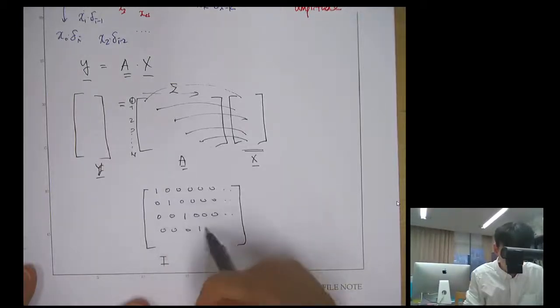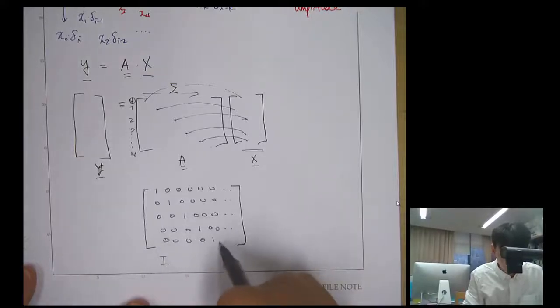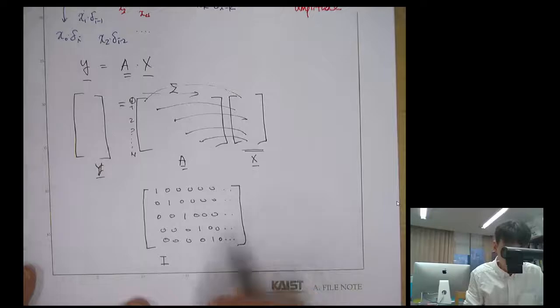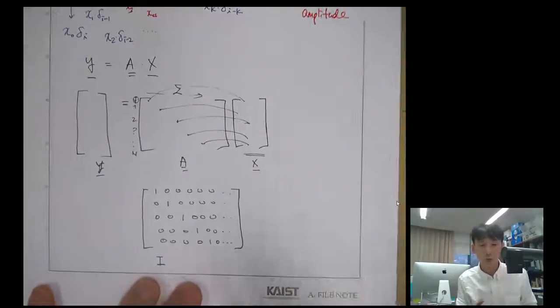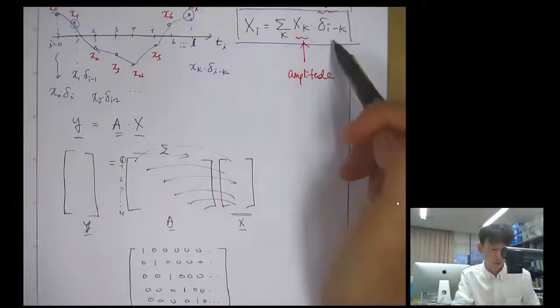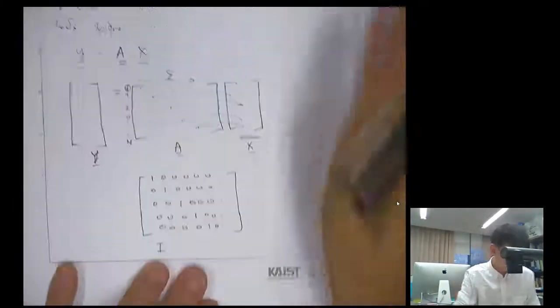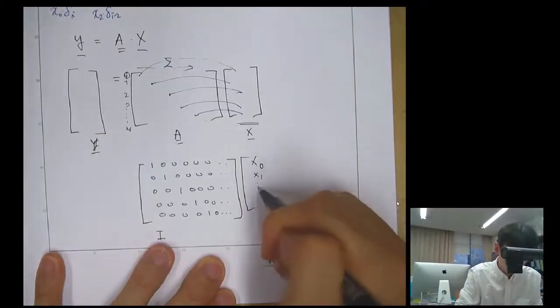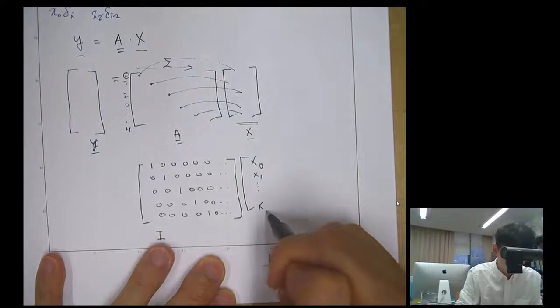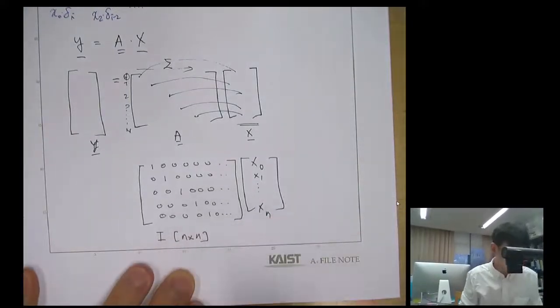So only if you have a diagonal term 1, then this will do the same with the impulse function delta. This is n by n.